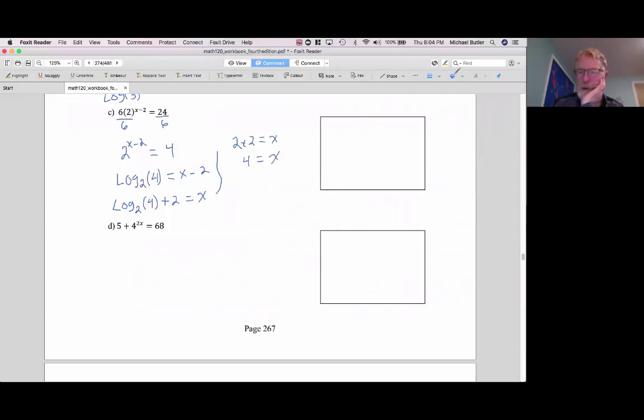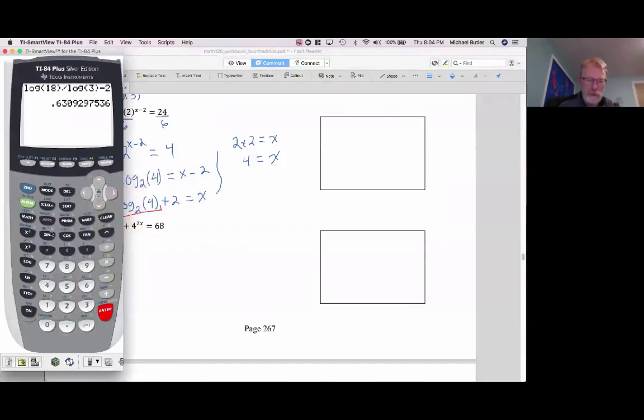If you're feeling comfortable with logarithms, that one I can do in my head. If not, don't worry. Use the change of base theorem on it. If we say logarithm of 4 divided by logarithm of 2, lo and behold, you get back 2, right? And that's perfectly cool if you use the calculator on it.